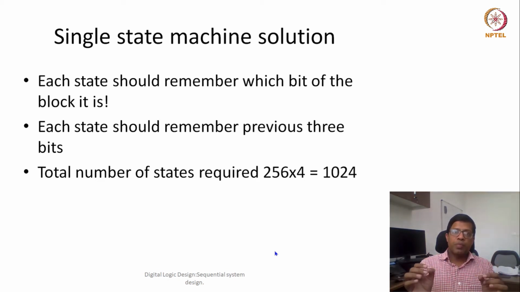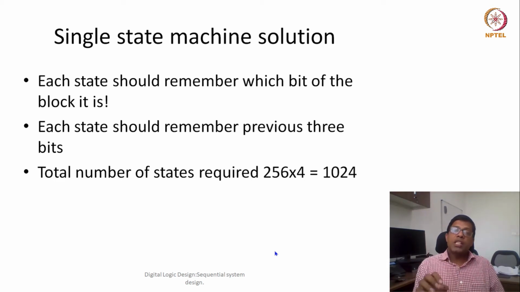Try to see this information: you will see that these two pieces of information are disjoint. How many bits have elapsed, which particular bit of the block it is, has nothing to do with what pattern it has already matched. Because of the independent nature of these two pieces of information, the total number of states in my single state machine is going to be 4 into 256.